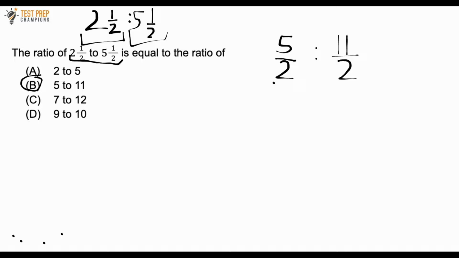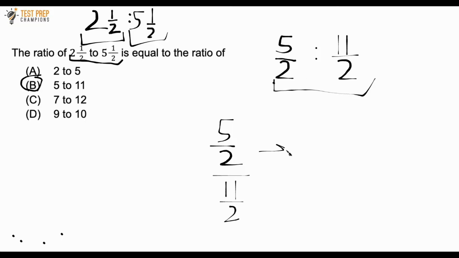So if you're not 100% sure if this makes sense to you or not, let me try explaining it in a slightly different way. We can take this same ratio here and write it as a fraction. So instead of writing it with a colon, we could do 5 over 2 divided by 11 over 2. Now there's a rule in math whenever we divide fractions that we can take the second fraction, flip it upside down, and multiply it by the first.